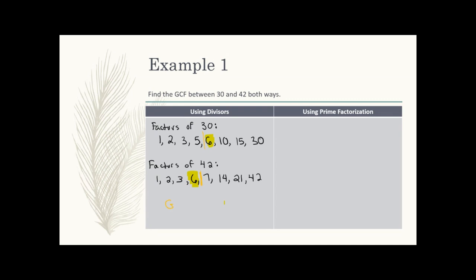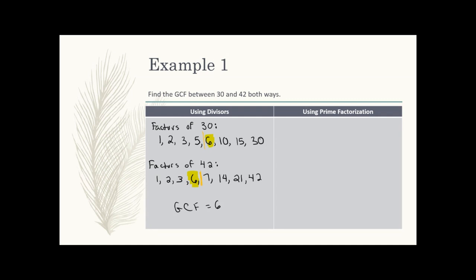That makes the greatest common factor equal to 6. So 6 is the biggest number you can divide into 30 and 42. So that's the method of using divisors, basically writing all of the different choices.